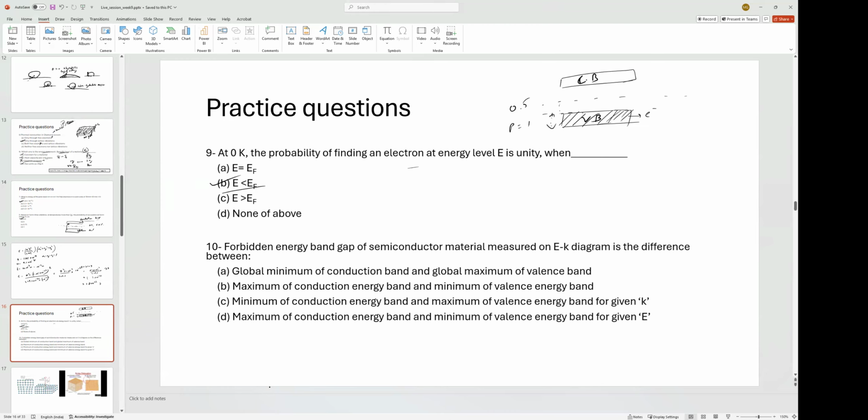The forbidden energy band gap of a semiconductor material measured in the E-K diagram is the difference between what? I can pull up the silicon structure.